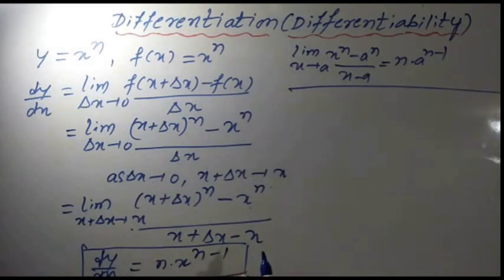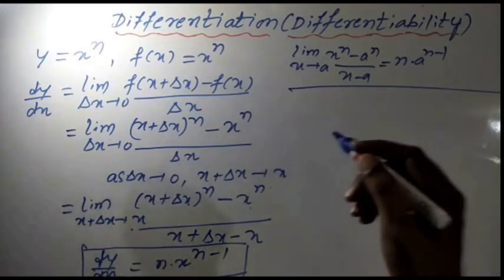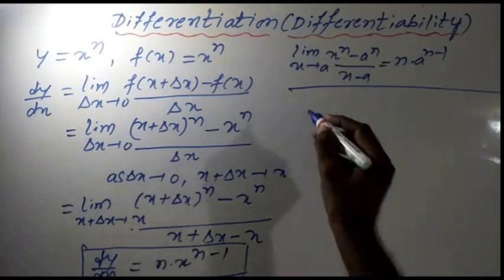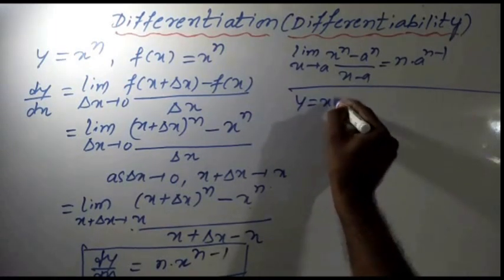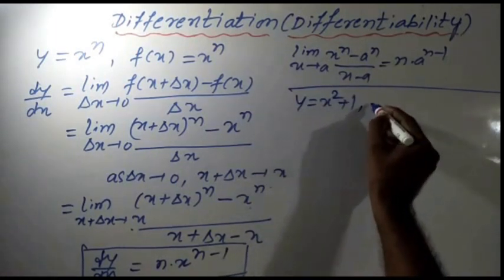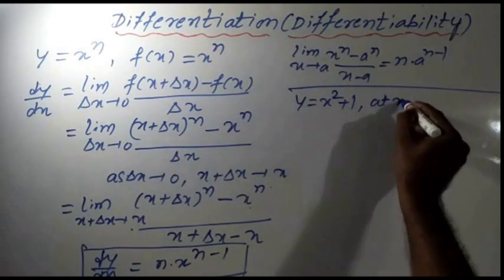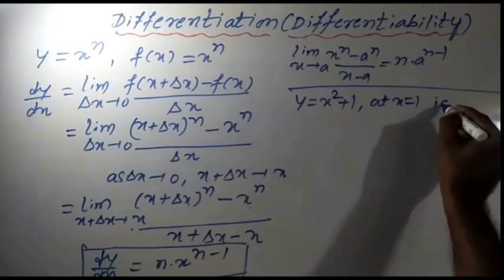Now we check this result with one example. We already took one of the beginning problems, that is, the derivative of the function y is equal to x square plus 1 at point x is equal to 1 is 2.